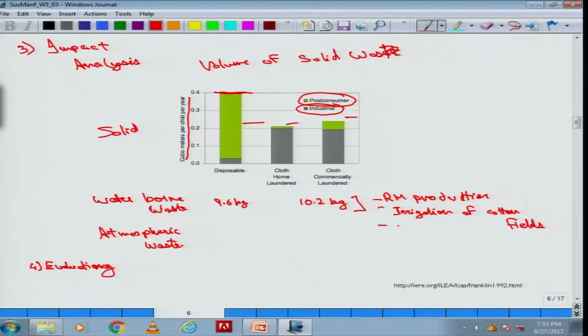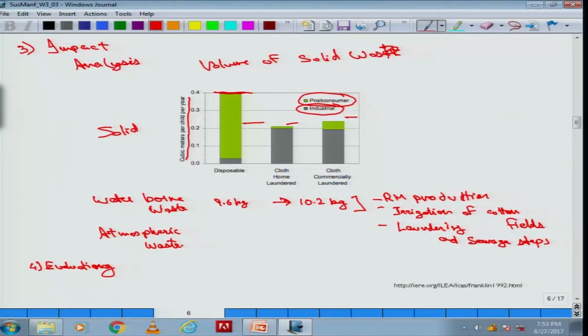And laundering and sewage steps, sewage treatment, right. So, in this case we can see the cloth diaper has higher waste.